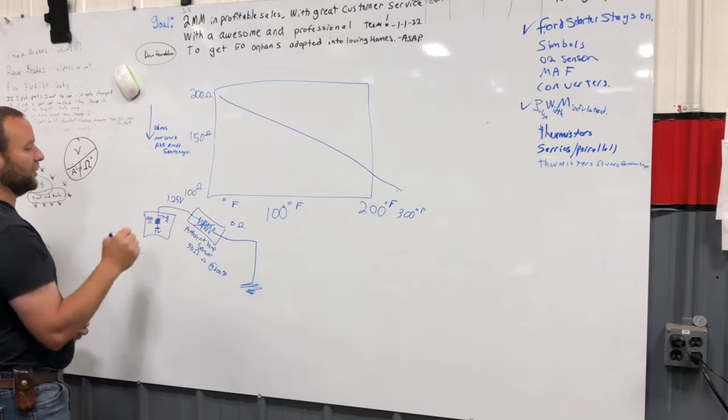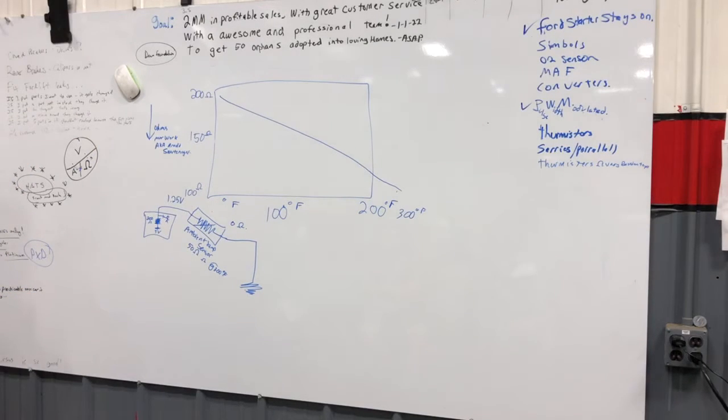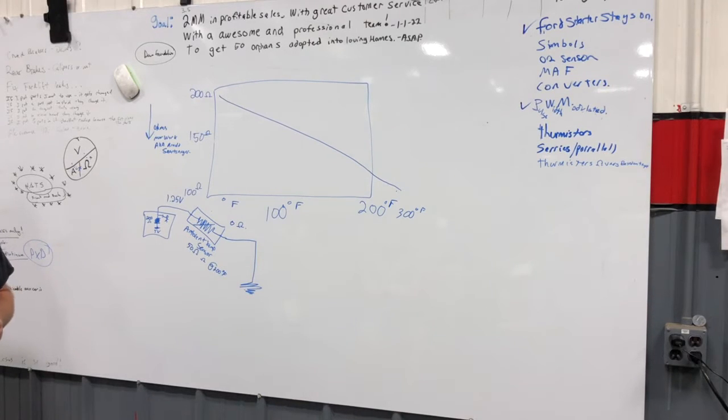What would happen to that voltage? Would it go up or down? With 100 ohms, let's say we had 1.25 volts, and we're going to drop the ohms more. When you drop the ohms more, does it do more or less work? More work. Okay, so it's pulling it harder towards what? The ground. So what's that voltage going to do? Go down.